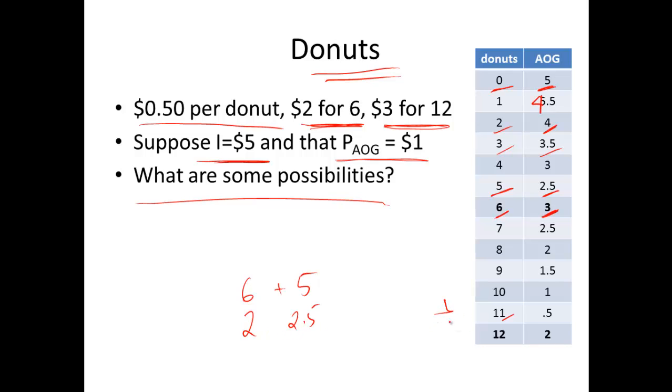So at 11 donuts, they're down to only having 50 cents left, with which they can buy 1/2 unit of the other good. If they buy 12 donuts, it only costs $3, which leaves them with $2 left over. This is kind of interesting.